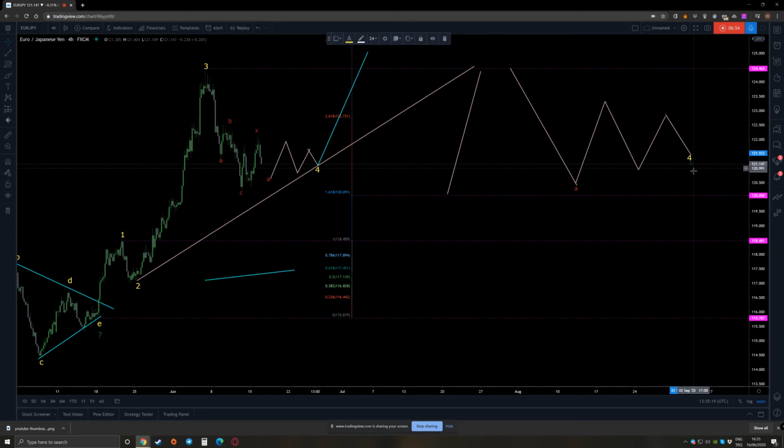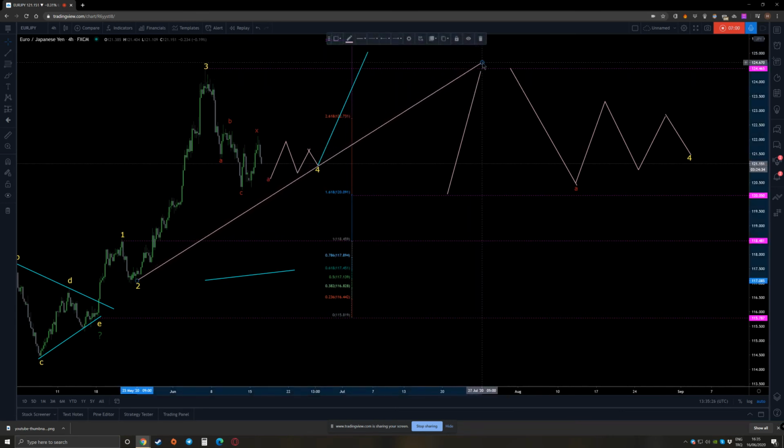Maybe a limiting triangle here. That's a possibility too. Then you have to adjust your 2 to 4 trend line accordingly and then go for the fifth wave.